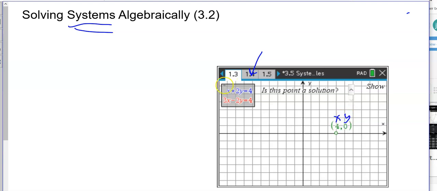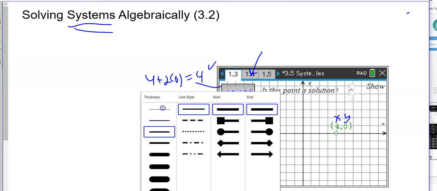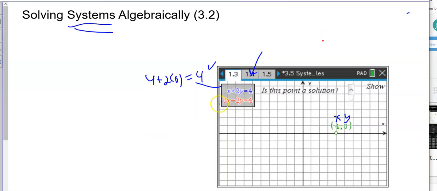Well, let's plug it into the first equation and see what happens. So that would be 4 plus 2 times 0 equals 4. Is that true? 4 equals 4, that's true. Let's plug it into the other equation. That'd be 3 times 4 minus 2 times 0 equals 4.